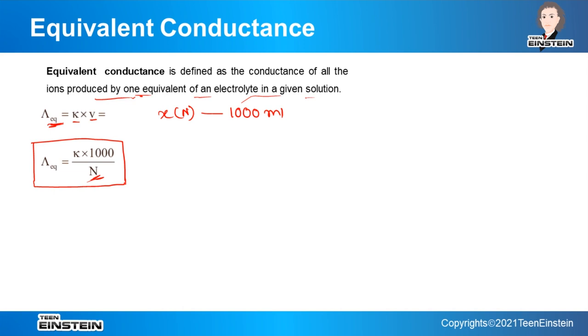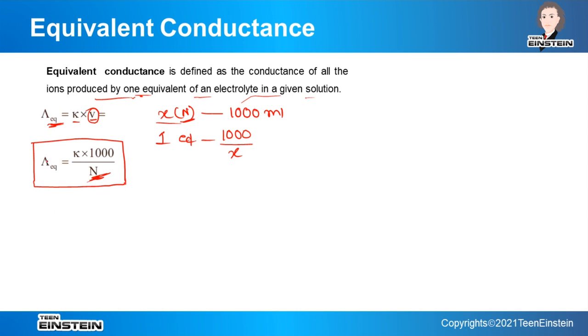But we require only that volume which contains one equivalent. So if X equivalent is present in 1000 ml, one equivalent will be present in 1000 by X. Here this X is considered as normality, that is why N is written. Just try to understand the concept.